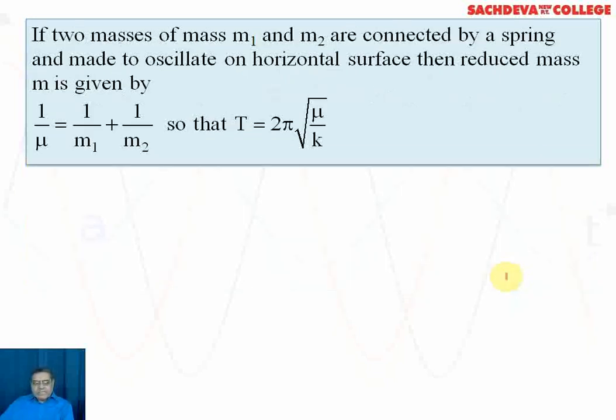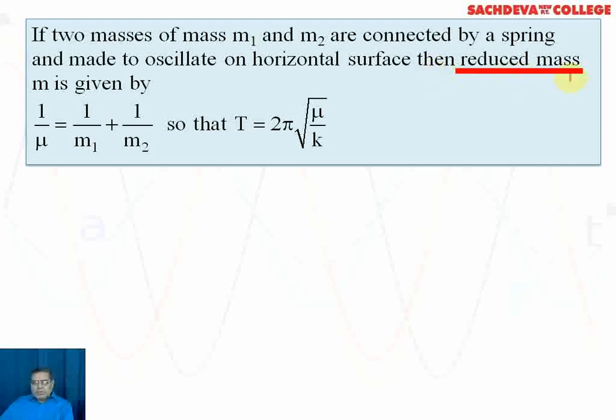Next, if two masses, designated m1 and m2, are connected by a spring and made to oscillate on a horizontal surface, then obviously the displacement must be horizontal, so it should be represented by x.